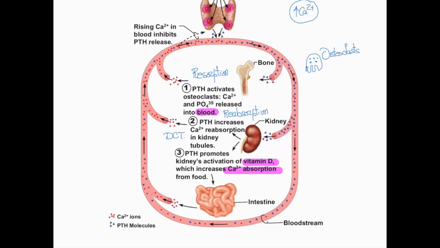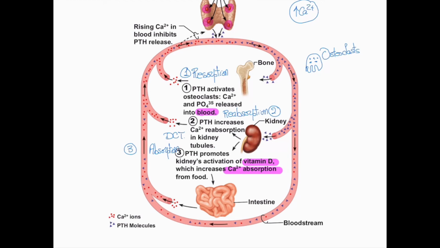So a third function of PTH is to stimulate the absorption. So 3 functions for PTH by which it will increase the blood calcium levels. First is resorption, second is reabsorption, and the third one is enhancing the absorption. So resorption, reabsorption, and absorption, those are the 3 mechanisms by which PTH increases your blood calcium levels.